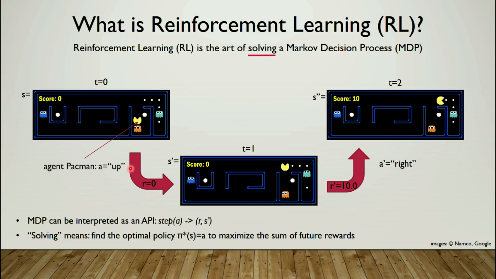It takes this role of the decision maker here, and solving means to find the optimal policy, which is the one that maximizes the sum of future rewards. So if I add up all these R values over time, I want to maximize those, and the optimal policy will always return actions based on the current state that maximize this sum. That's what solving means.